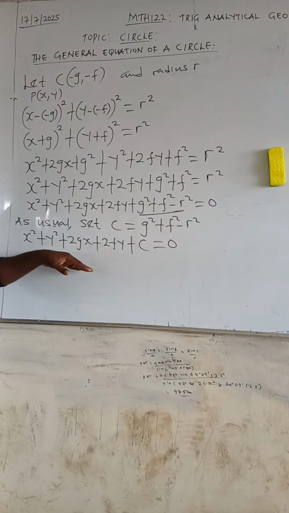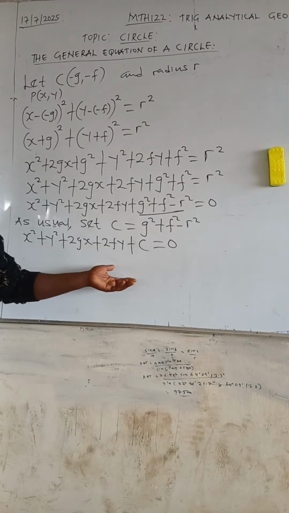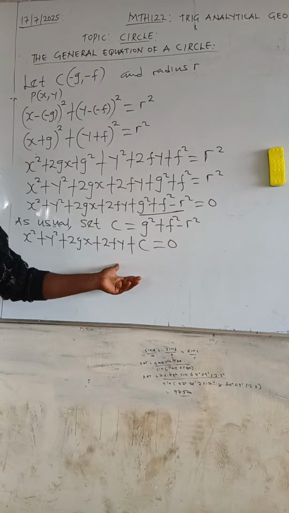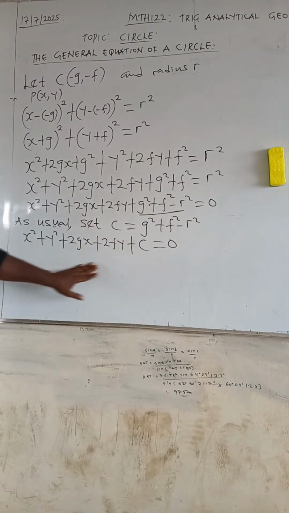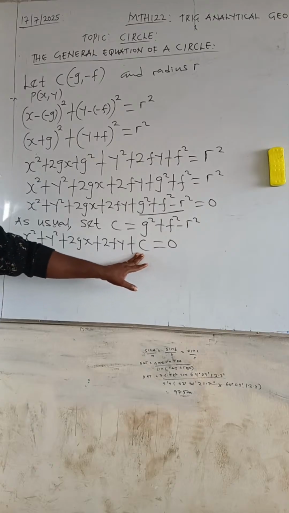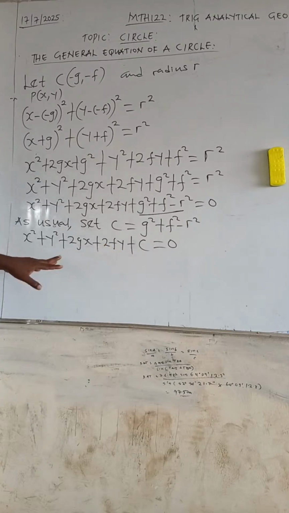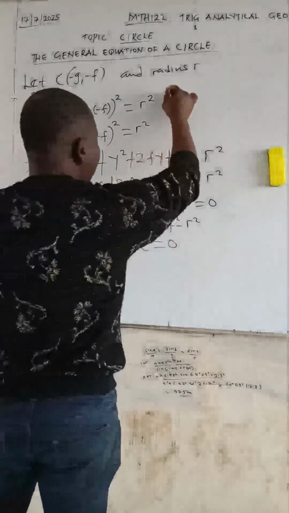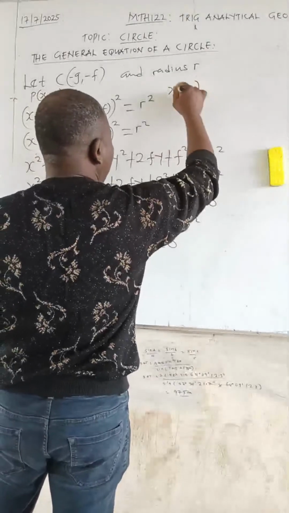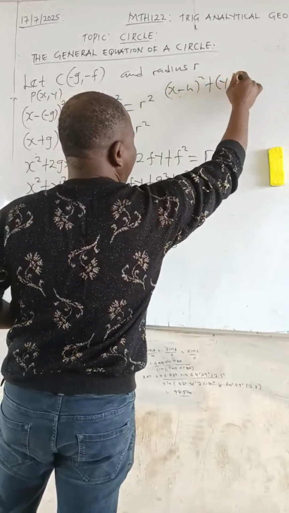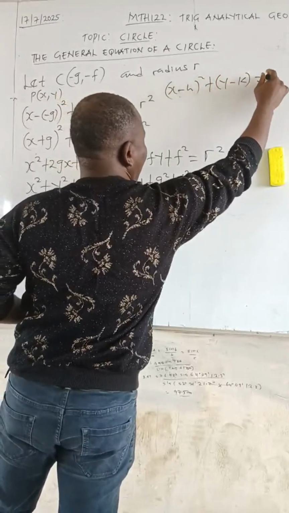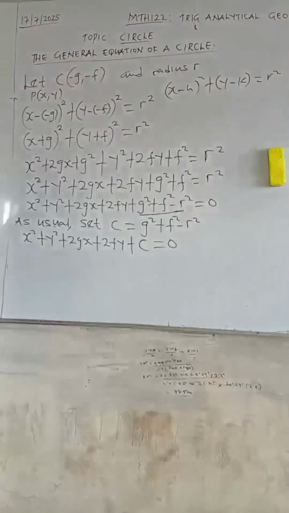So there is a difference. Maybe in your test or exam, I may say, write down the general equation of a circle. This is what I want. Are you following? Mind you, this, (x minus h) all squared plus (y minus k) all squared equals r squared, is not the general equation of a circle.